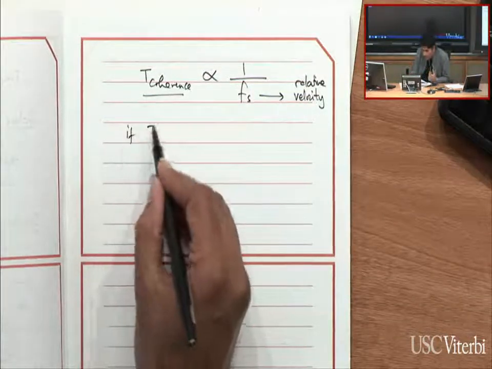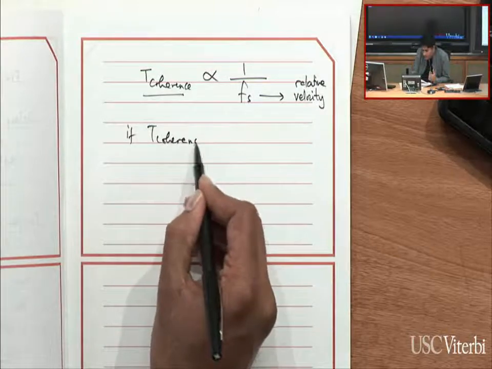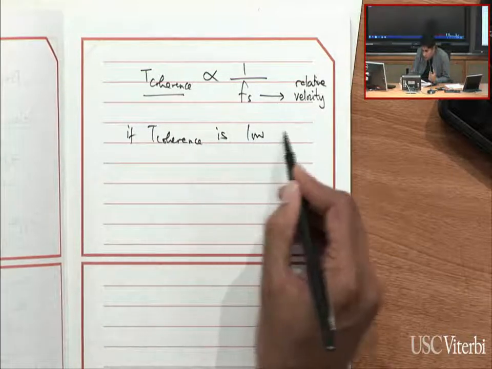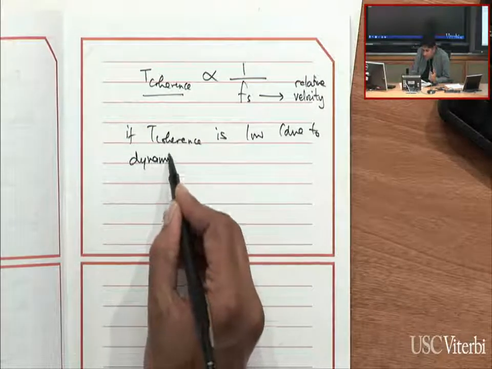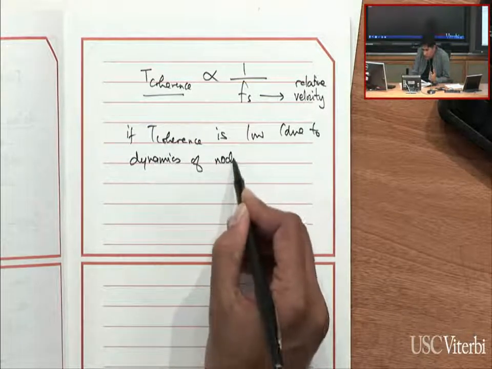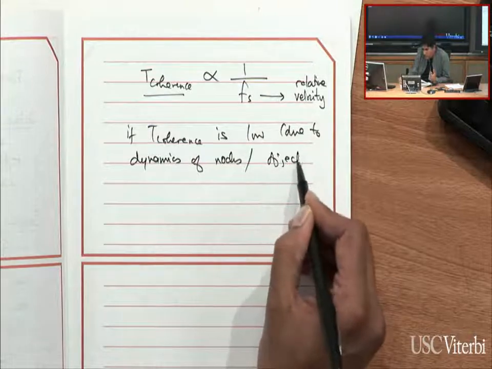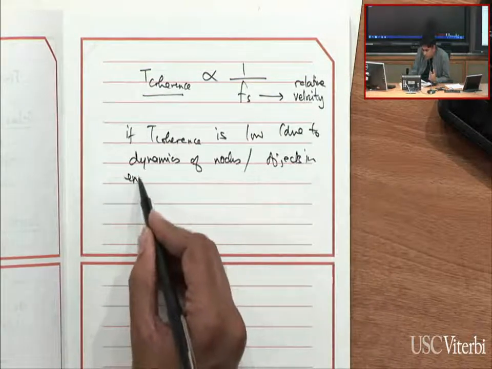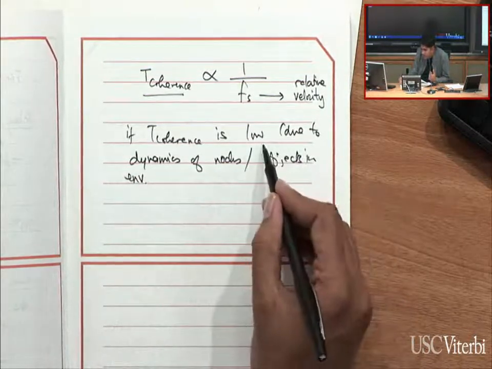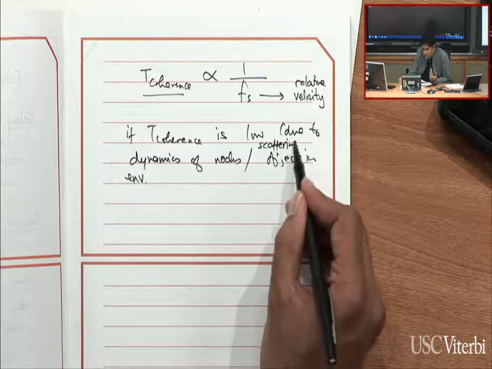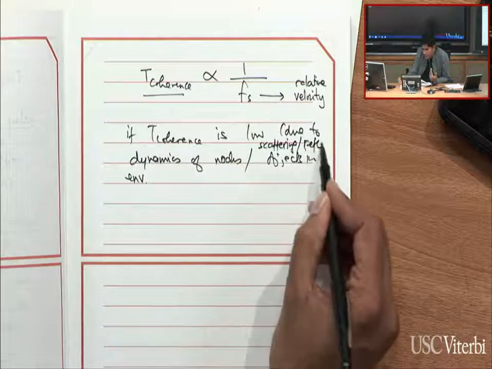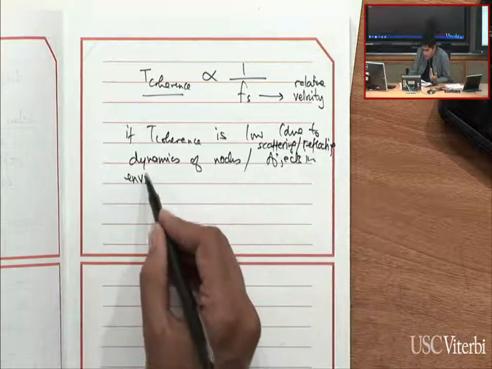So if T coherence is low due to dynamics of nodes or objects in the environment. When I say objects in the environment, I really mean scattering or reflecting objects in the environment, right?